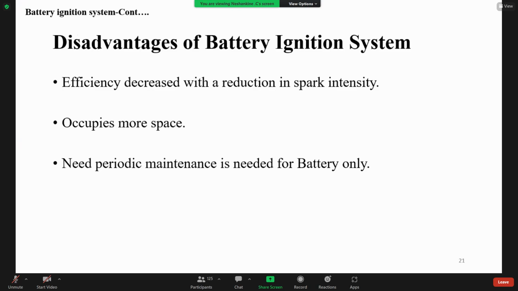First one is if the spark intensity is reduced, the efficiency of this ignition system is also reduced. That one is the first disadvantage.